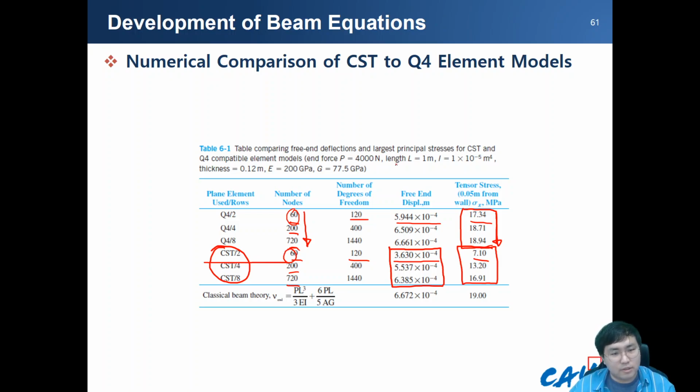However, when you use a more complex geometry, for discretizing it you cannot make well-matched shapes with rectangular elements, so the triangle element is easier to represent complex geometries. So generally you can use a triangle element, but if you have the opportunity depending on your geometry, I strongly suggest using a rectangular element first.